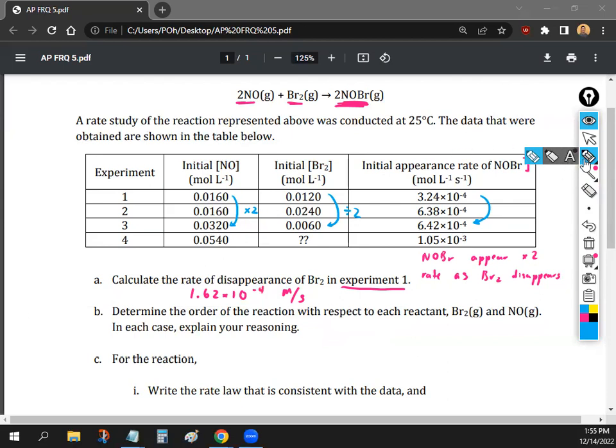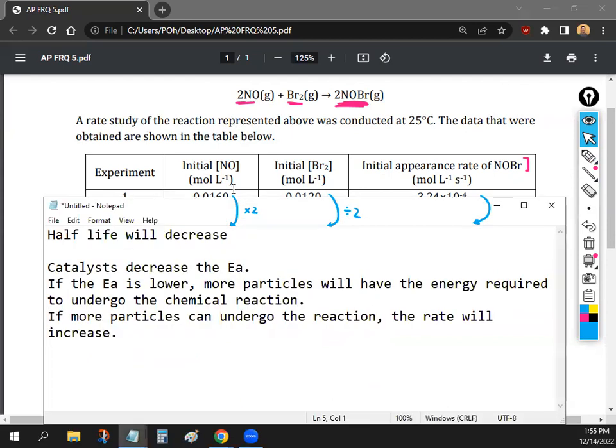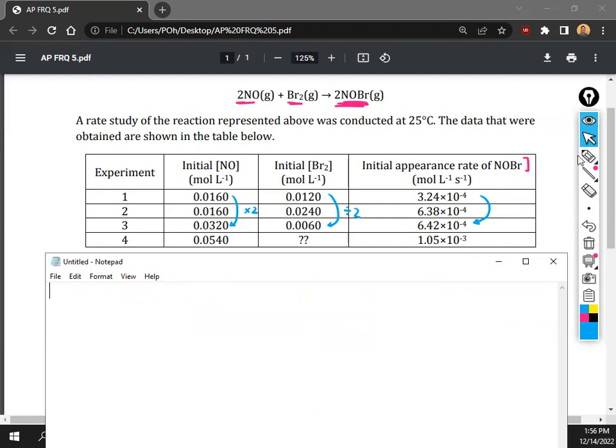So we know Br2 is first order. This is how you want to compare these two equations. The rate for experiment 1, we're going to compare with a ratio over the rate of 3. On the right side of the fraction, on top, we're just going to set it equal to the rate law for 1.